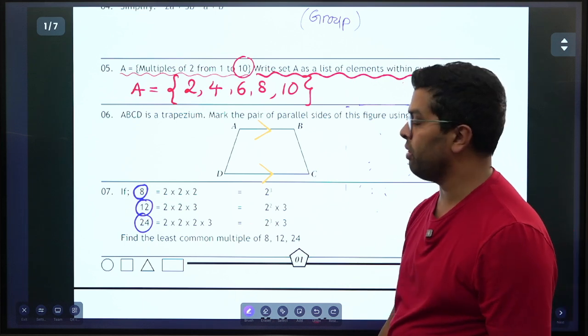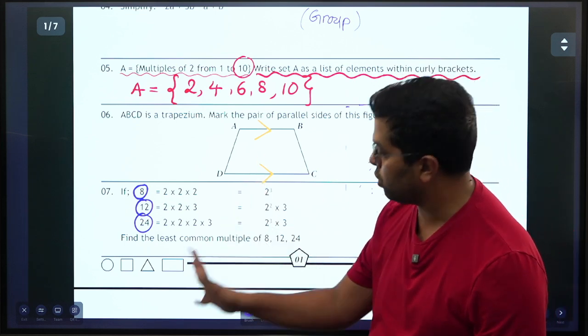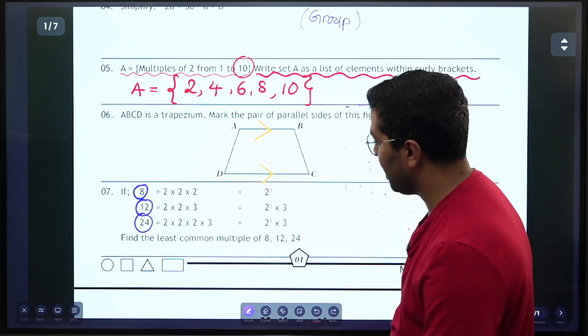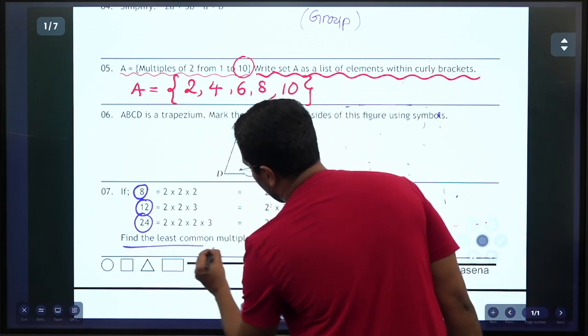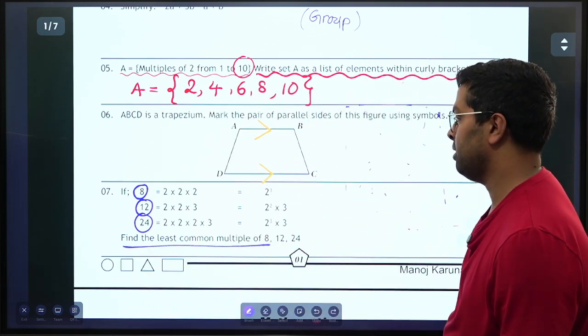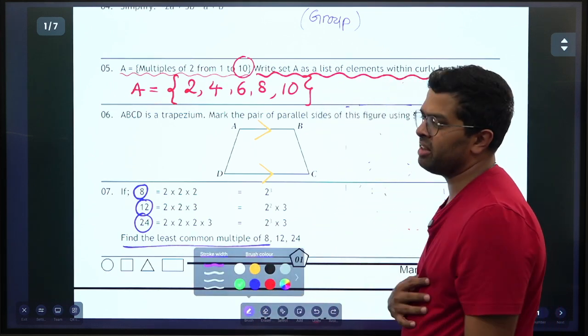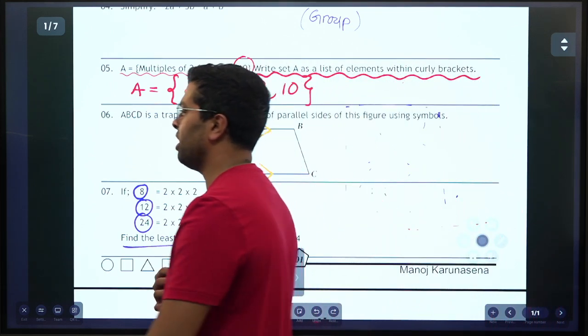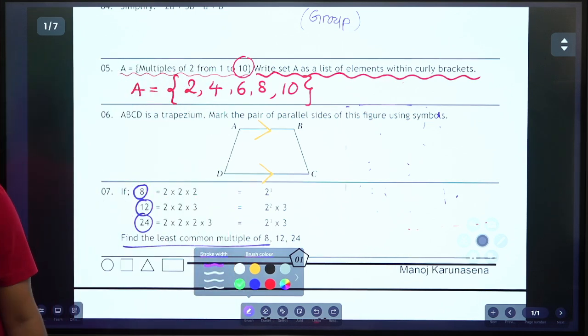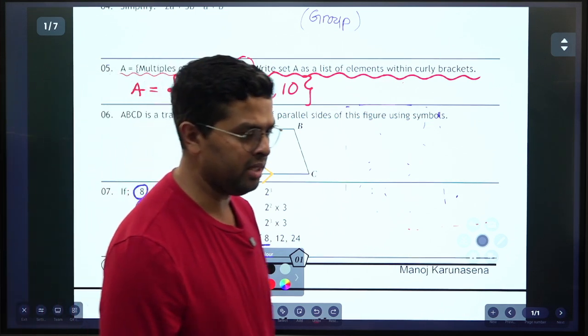The other one, 24, equals 2 into 2 into 2 into 3. It asks us to find the least common multiple. So what is the easiest method? There are different methods to find the least common multiple.